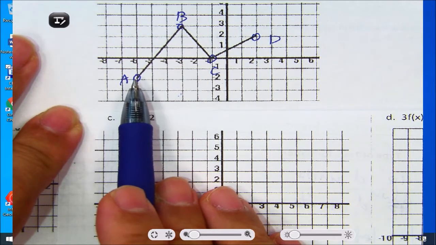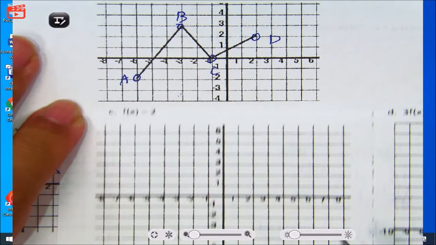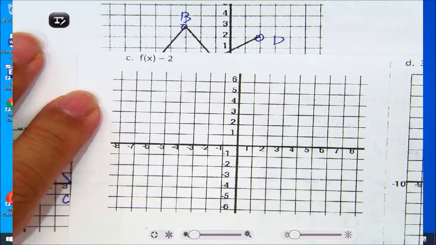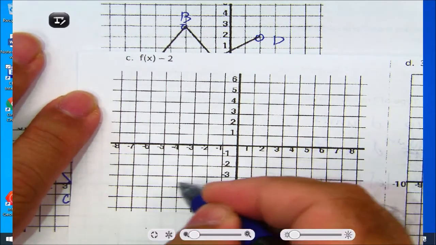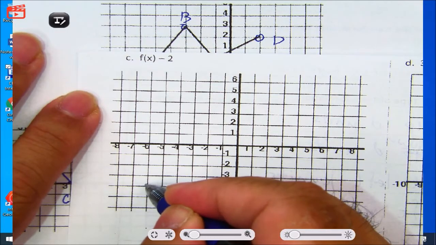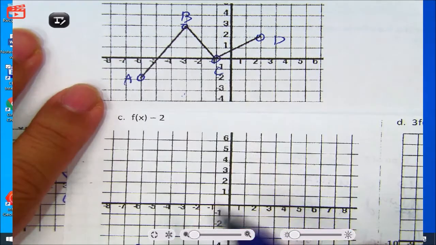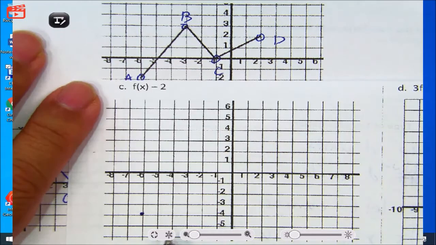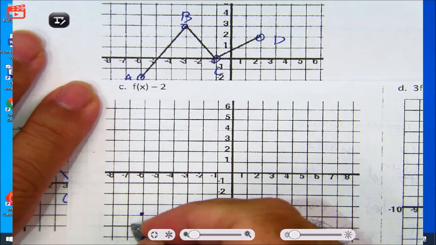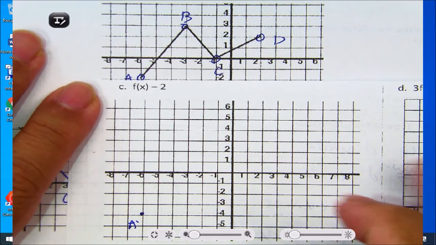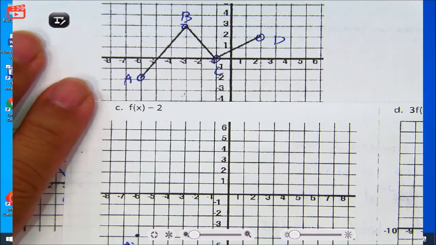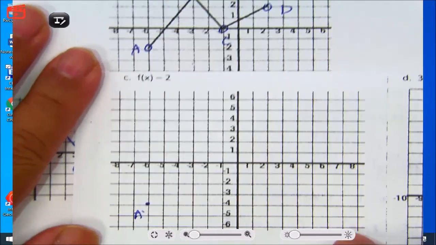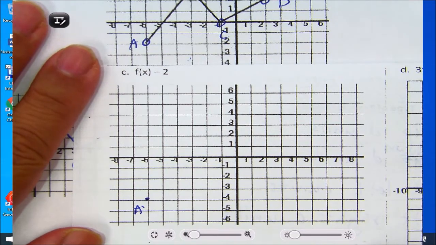So the coordinates are -6, -4. What coordinate are we changing? We're changing the -6, -2, which is A, to -6, -4. Do we change the y or the x? We're changing the y. So when it's a vertical change, it's a change in the y.